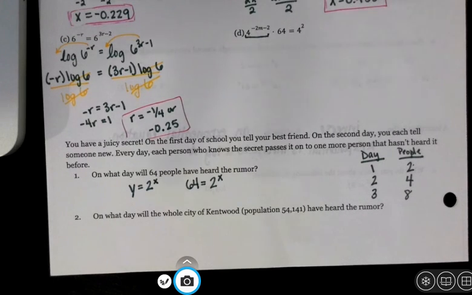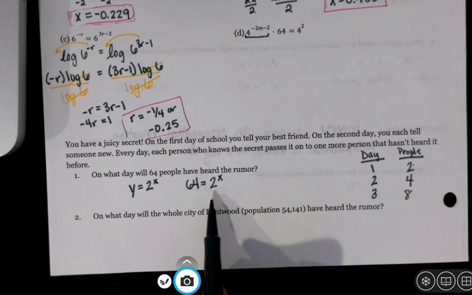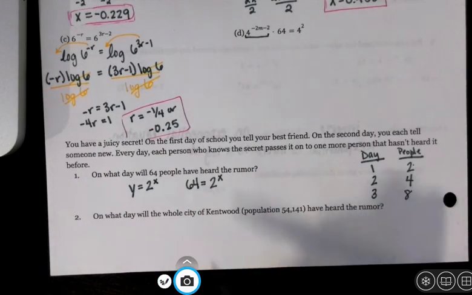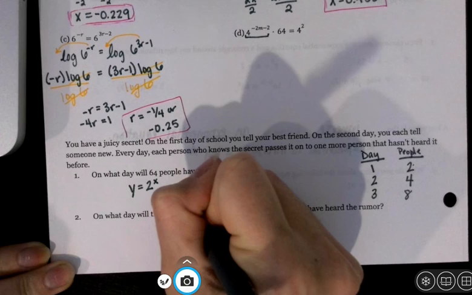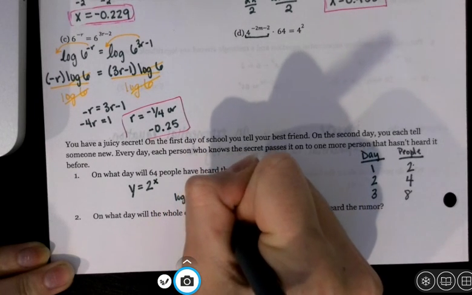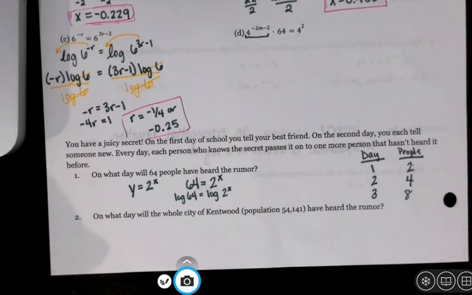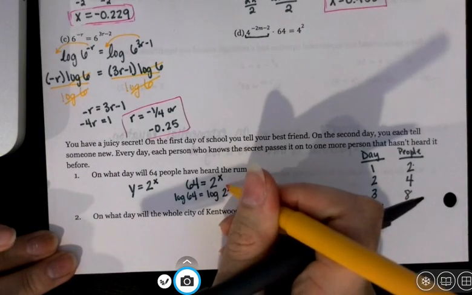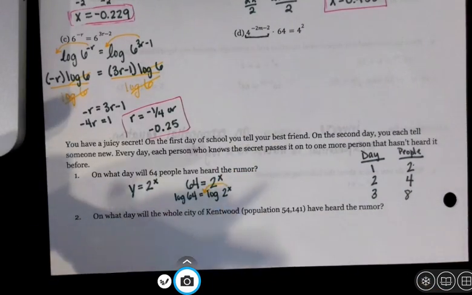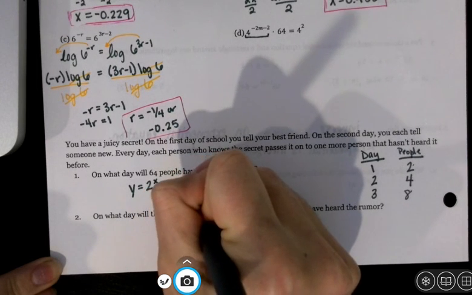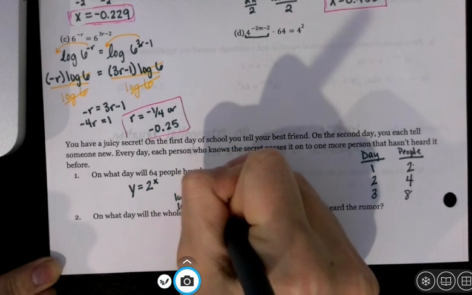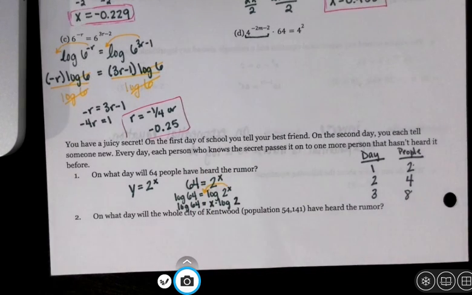I don't have much room, but to solve this, I'm going to use the same method as we did in the top ones that we did. So I'm going to take the log of both sides. So I have log of 64 equals log of 2 to the x. I can pull my exponent down as a coefficient. So I have log of 64 equals x times log of 2.